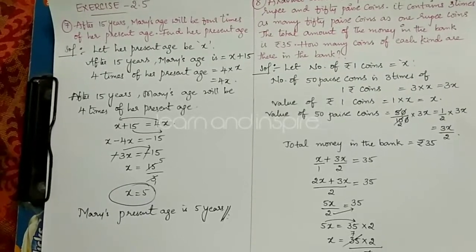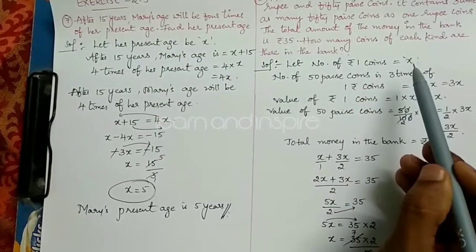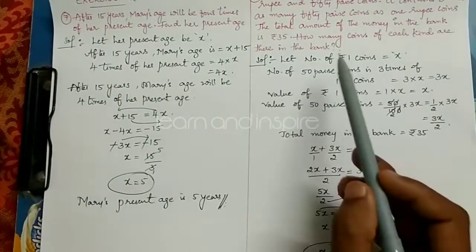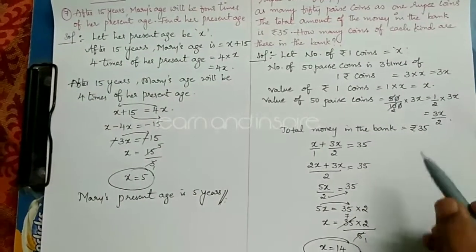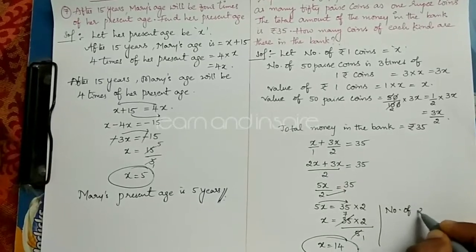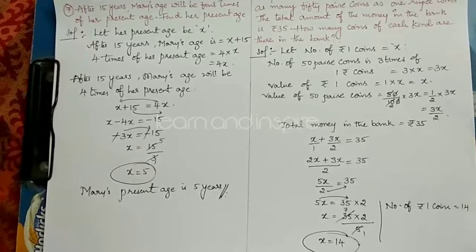So what is this x called? x is nothing but the number of 1 rupee coins. Number of 1 rupee coins is how many? 14. So from this we can find the number of 50 paisa coins. So here we write: number of 1 rupee coins equals 14.